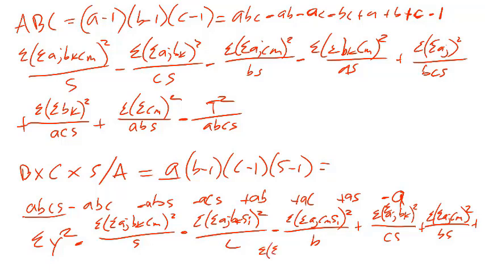Sum of AJSI squared over BC, right? Minus the sum of AJ squared over BCS.